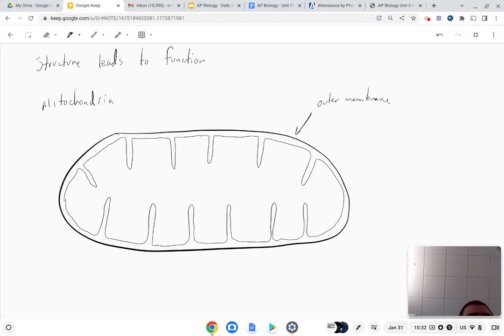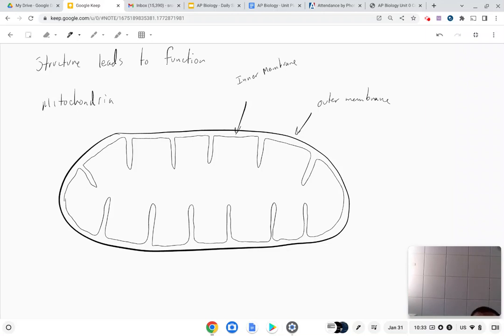But anyway, when this prokaryote was engulfed by the larger cell, it acquired a second membrane. So we got both an inner and an outer. The inner membrane has some specific features, and we're going to zoom in on that to see just what's embedded on that membrane.